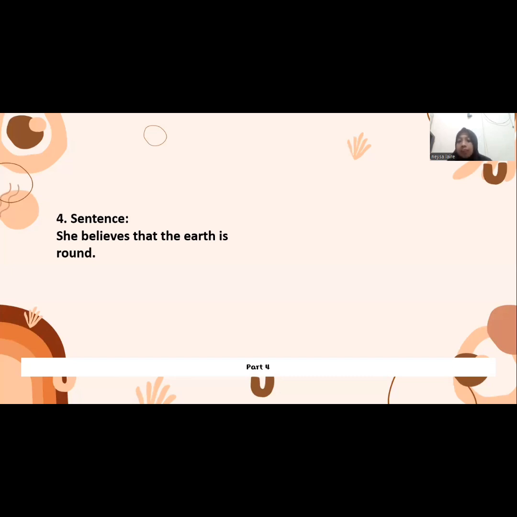The CP that the Earth is round functions as the object of the verb believes. Within the embedded clause, the Earth is the subject and is round is a copular predicate, linking verb plus adjective. This construction shows how embedding is used to express beliefs or opinions.